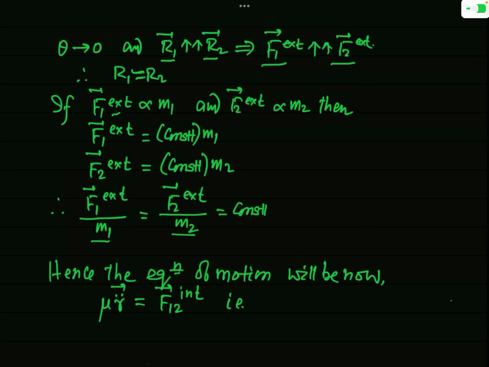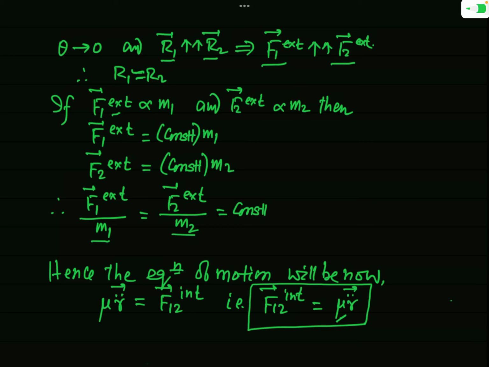So you can write now F12 internal is equal to mu r double dot. So you can see this is just the equation of motion of a particle whose mass is equal to mu. This is equivalent to a single particle whose mass is mu, and its position vector is r, or its acceleration is r double dot.